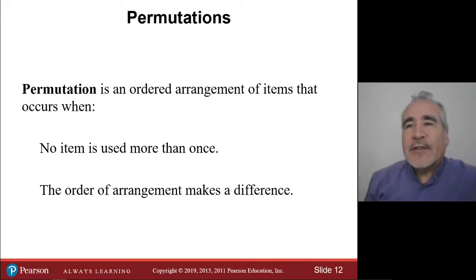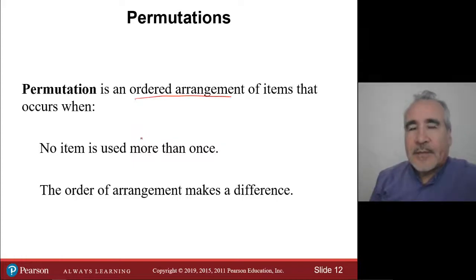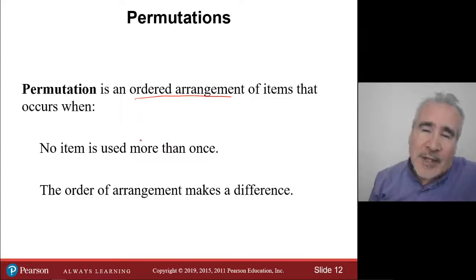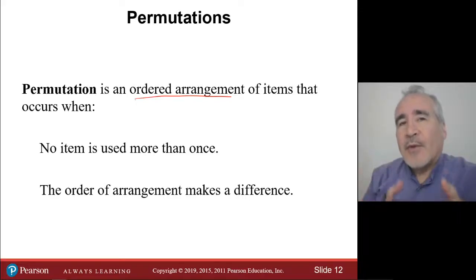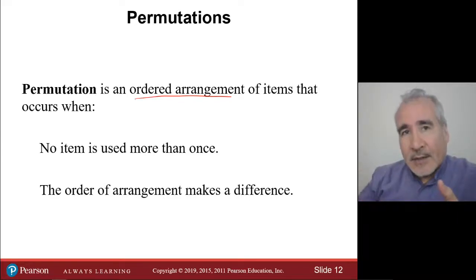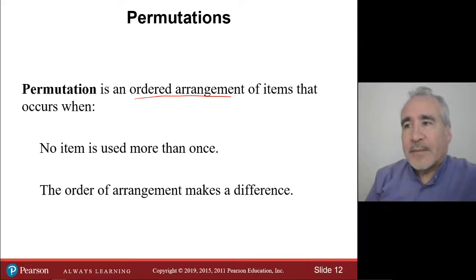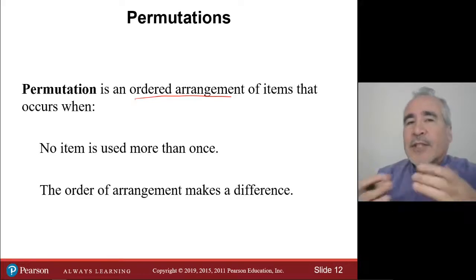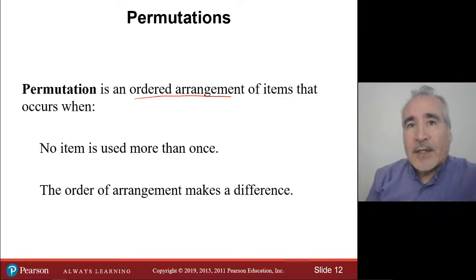So first of all, what is a permutation? It's simply an ordered arrangement. Isn't an arrangement ordered? Yeah, but it's emphasizing that order is important and things are in an arrangement. In 11.3 we'll talk about certain types of groupings where order is not important.